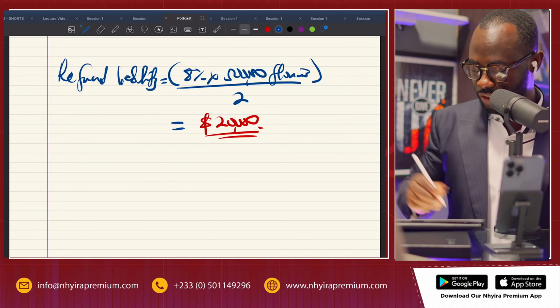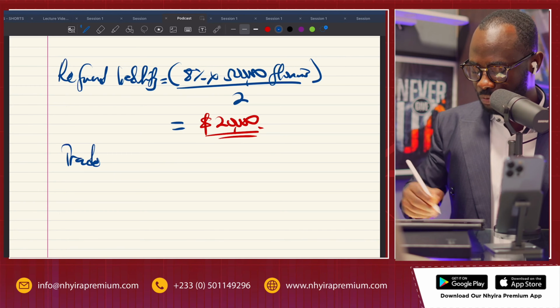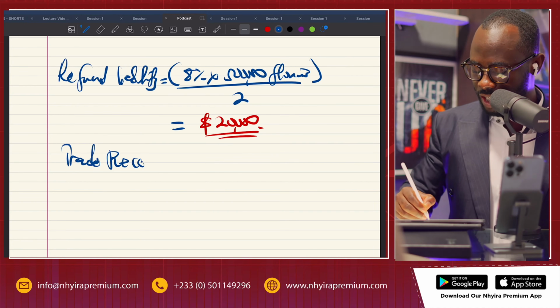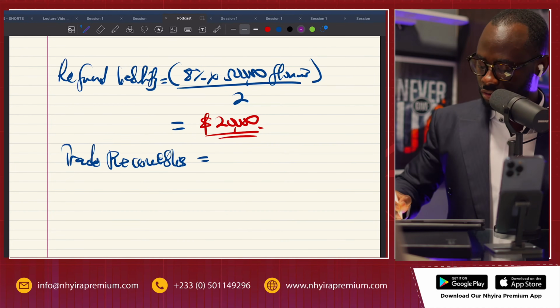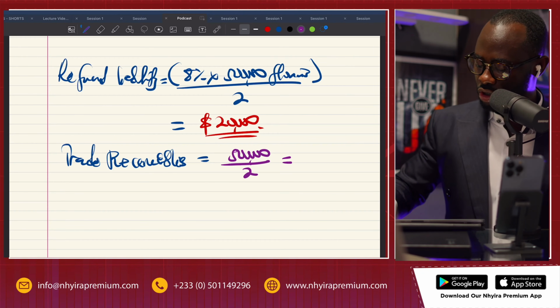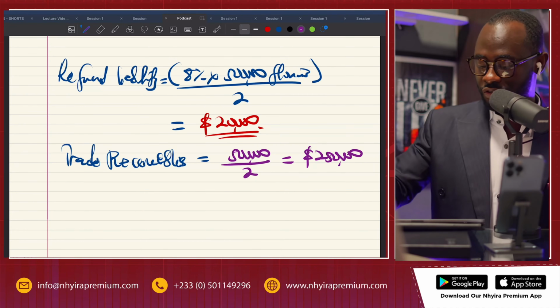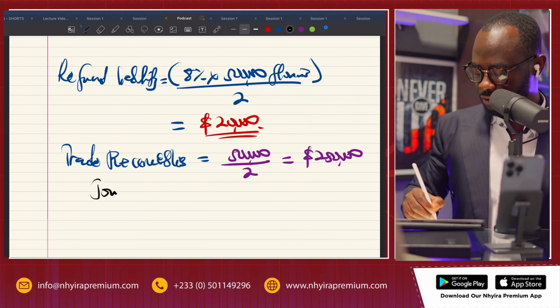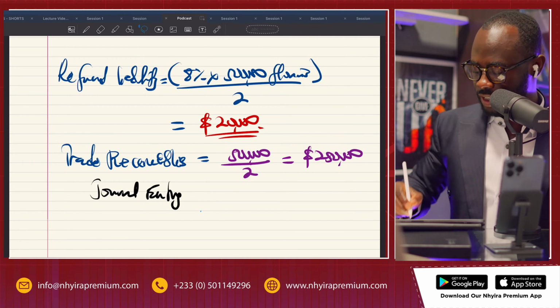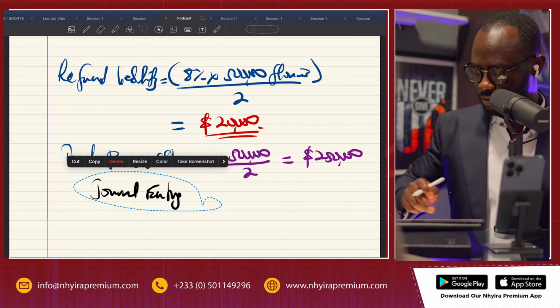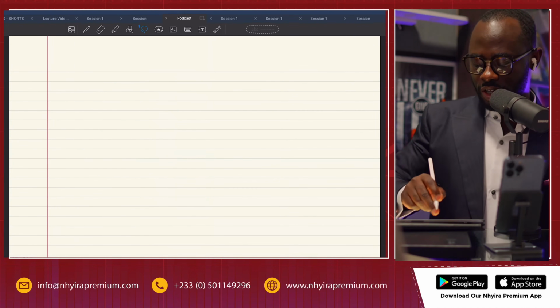So trade receivables will be the entire 500,000 florins divided by 2, which will give us $250,000. So the journal entry on initial measurement, let's take this to the next slide.